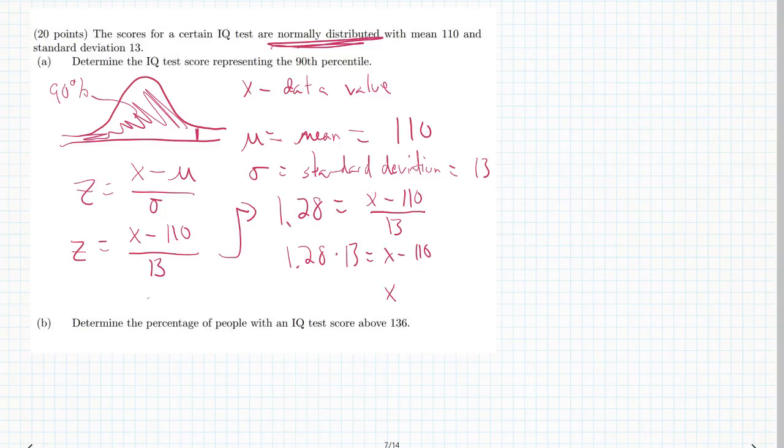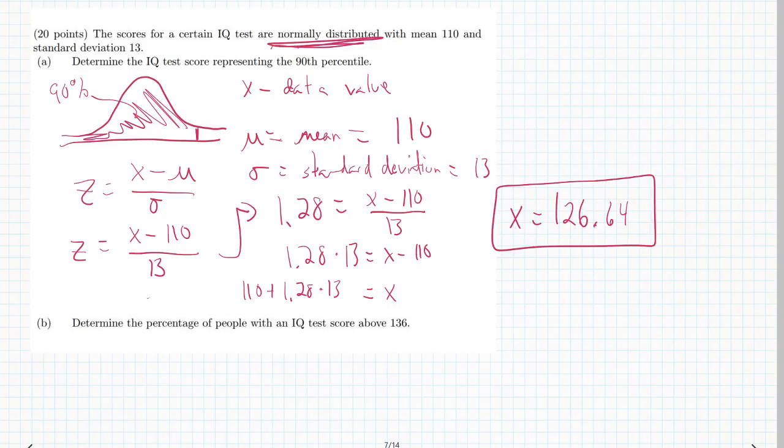So x equals 110 plus 1.28 times 13. That gives us a final answer of x equals 126.64. Now I'm not sure with this particular IQ test whether they allow for fractional scores or not, but we'll just leave it at that answer. That is our 90th percentile.